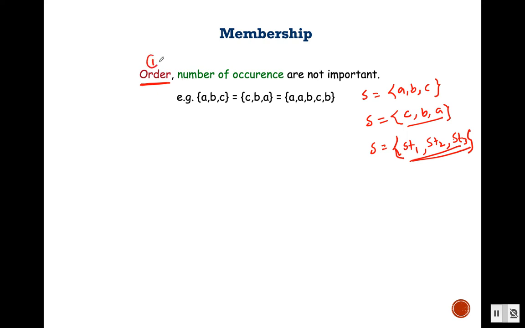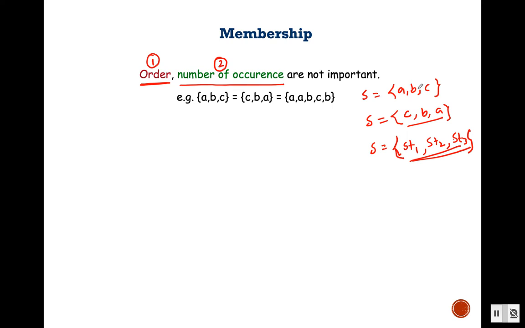And the number of occurrences in the set is also not important. Order is not important and the number of occurrences is not important. So in a set, if a single element is present repeatedly, that doesn't matter. This will still be the same set.